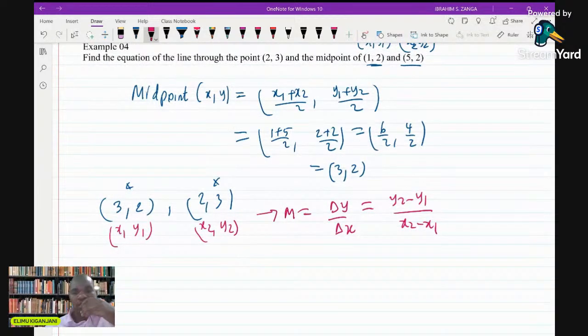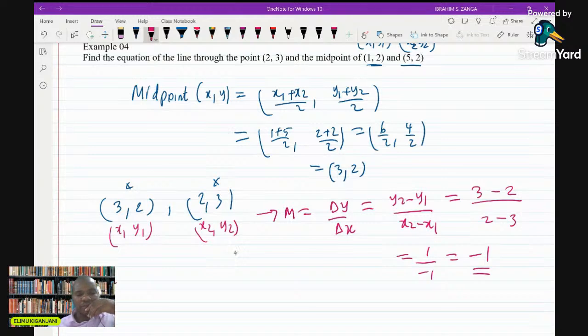So changing y over changing x, the slope will be, dear students, 3 minus 2 over 2 minus 3. We'll be having actually 1 over negative 1. The slope is negative 1.